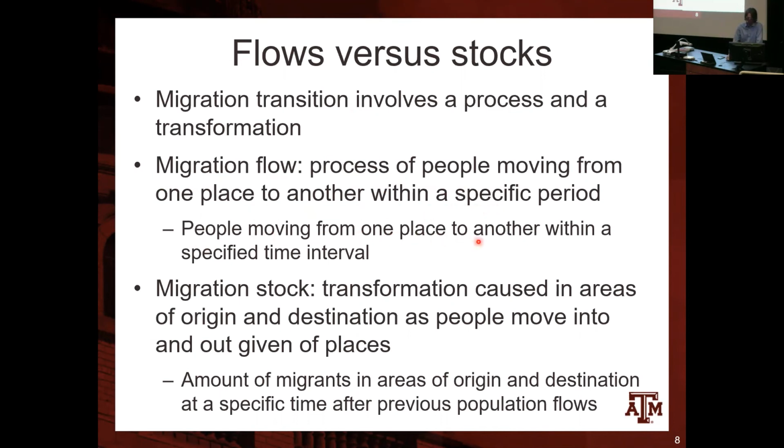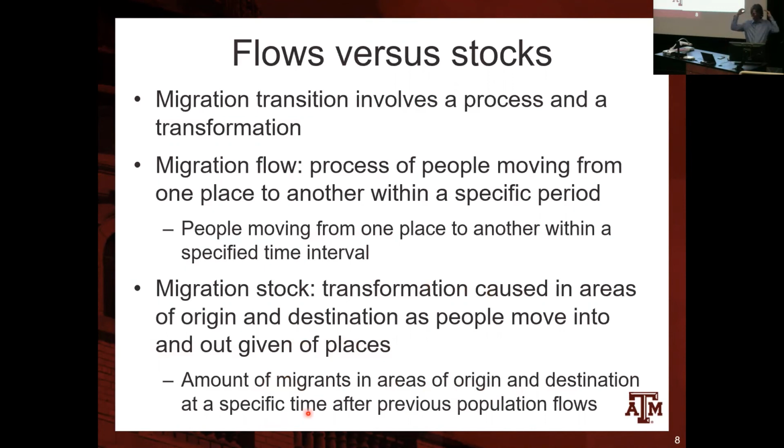And stock is, after all these different years and decades, how many migrants are living in a specific area of destination, and how they transformed that area of destination and also the area of origin that lost these migrants. So there's a transformation caused in the areas of origin and destination as people move into and out of given areas. It is the amount of migrants in areas of origin and destination at a specific time after previous population flows.